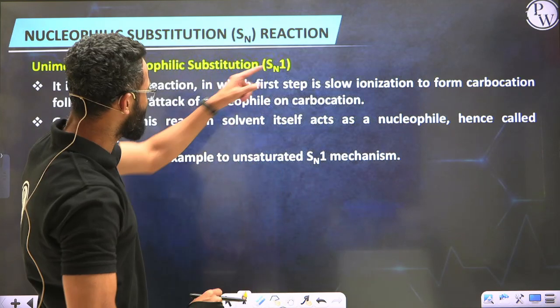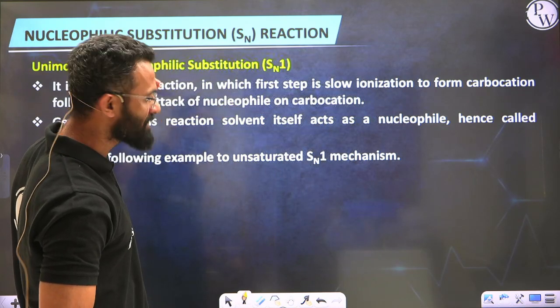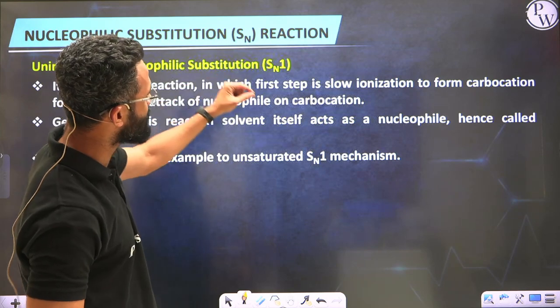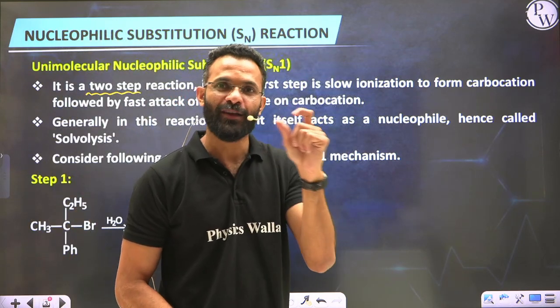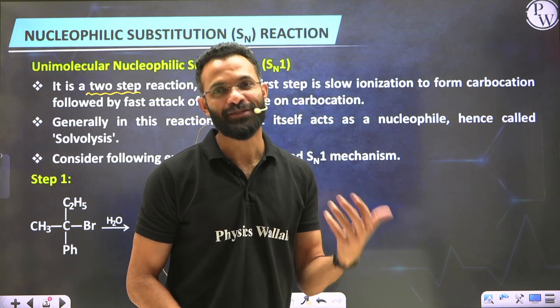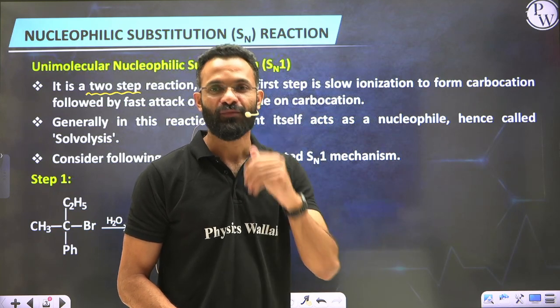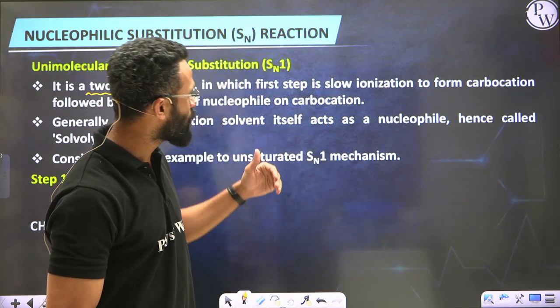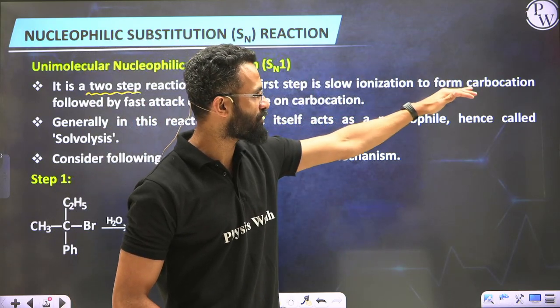So SN1 is a two-step reaction, and the first step is slow ionization of the carbon halogen bond, because of course we are learning this mechanism with respect to reactions of alkyl halides. So you will see there is going to be a carbon halogen bond. In step number 1, slow ionization of the carbon halogen bond results in the formation of a carbocation.